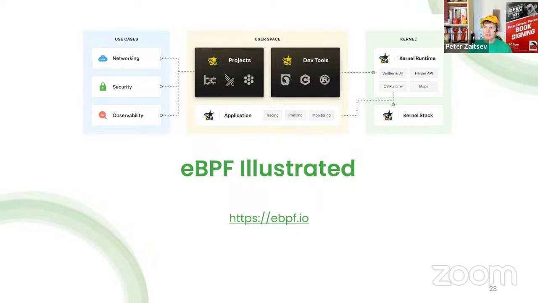There is a small program which runs in the kernel, and the majority of the data processing happens in the user space. So you can really build very big programs, but they are running asynchronously and cannot slow down or kill the kernel.